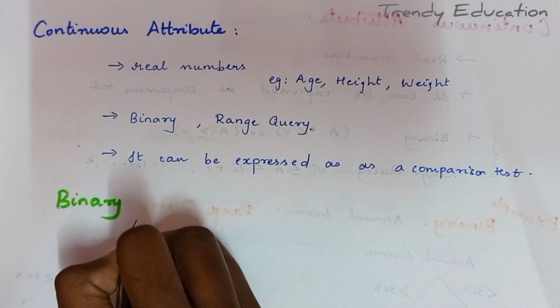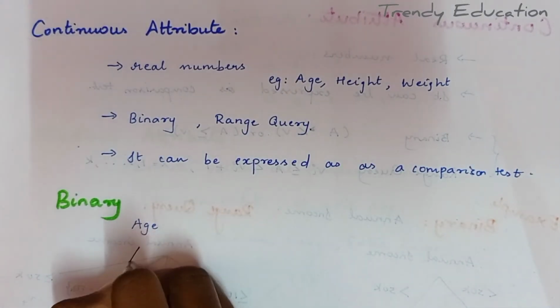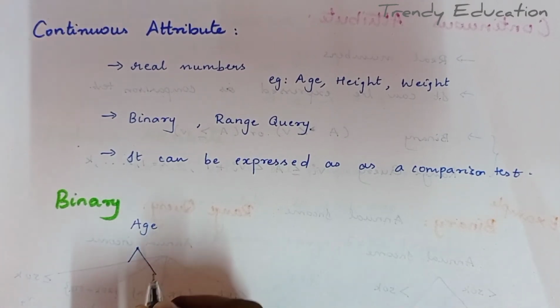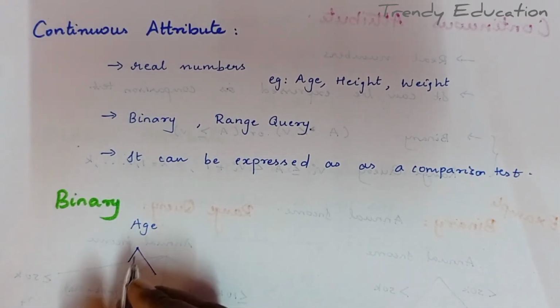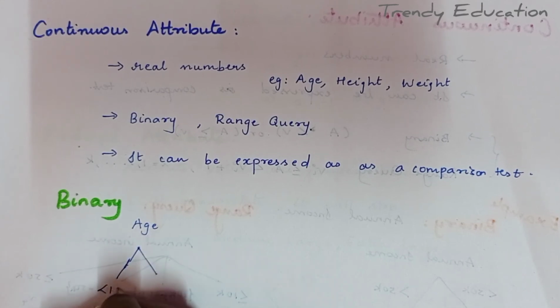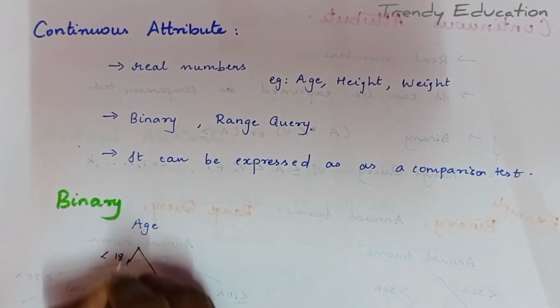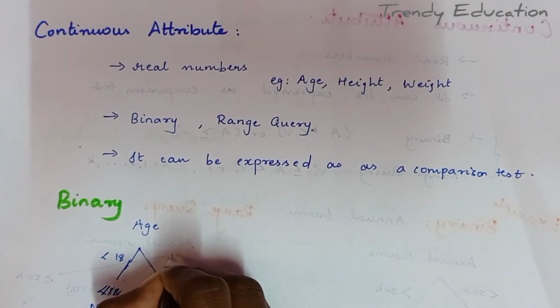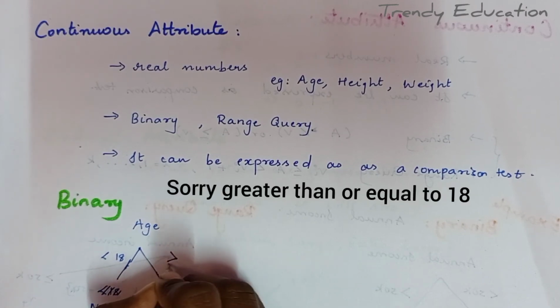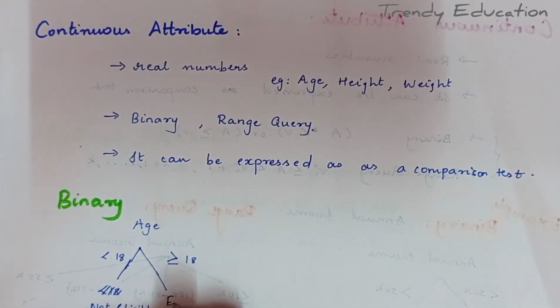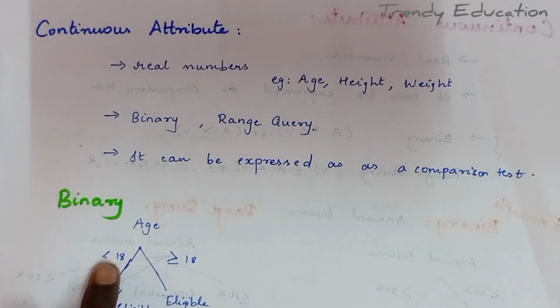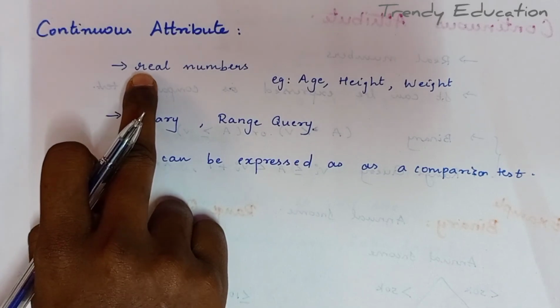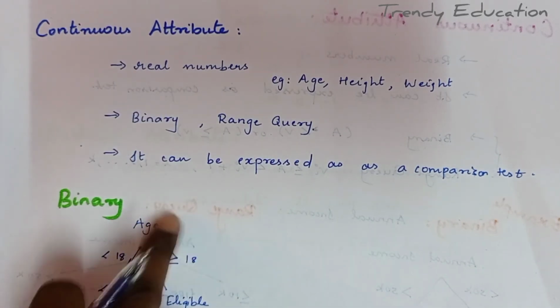So, if the age of the person is less than 18, not eligible, right? If the age is greater than or equal to 18, then he or she is eligible to vote. So this is how the binary split works, and these are real numbers based on age.